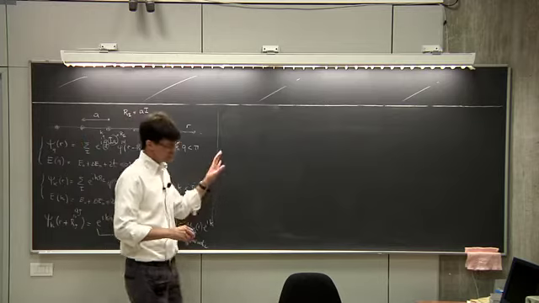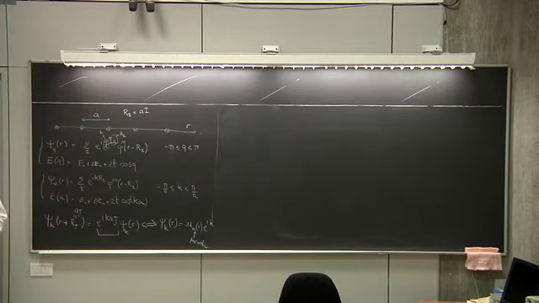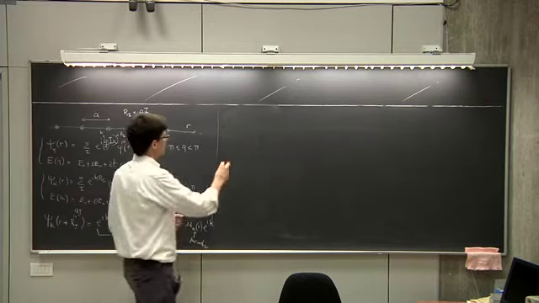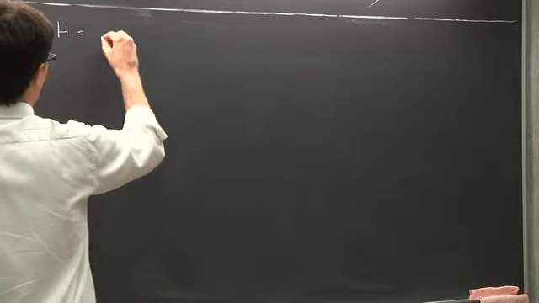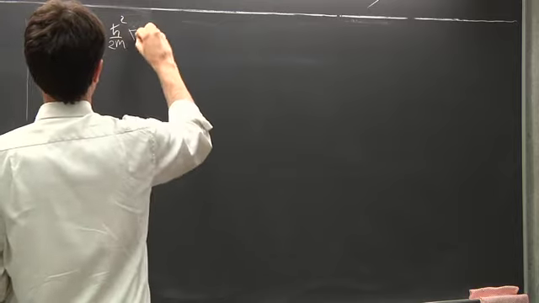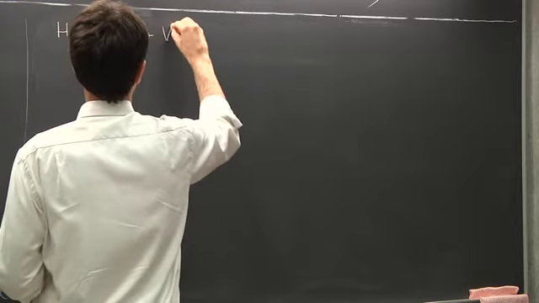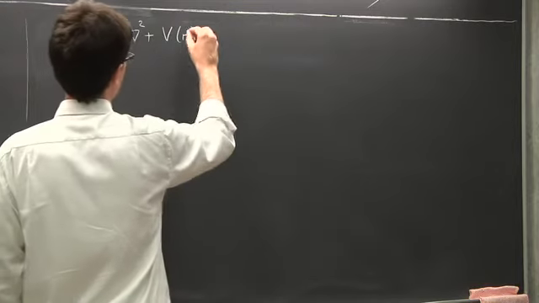Okay, so I'm now going to make a number of statements, most of which I'm not going to prove, but we proved them in this particular example. The first statement is, what is the Hamiltonian I want to discuss? It's a Hamiltonian with potential V of R, and I'm now going to be general.